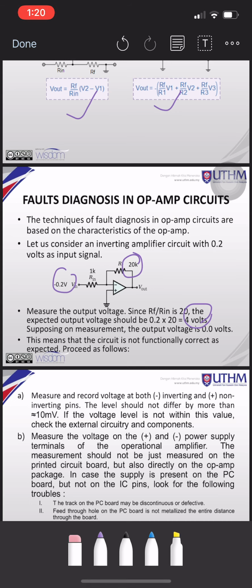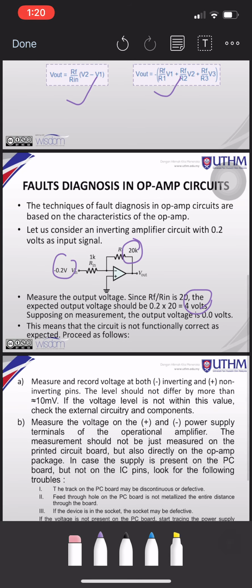Here is our feedback circuit. We measure the voltage at the output pin. If the output voltage is still zero when it is isolated from the feedback path, the op-amp is defective.